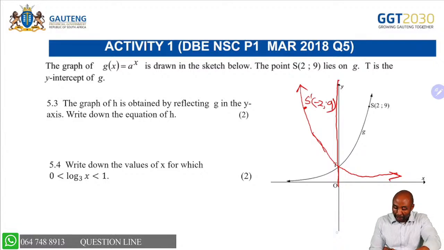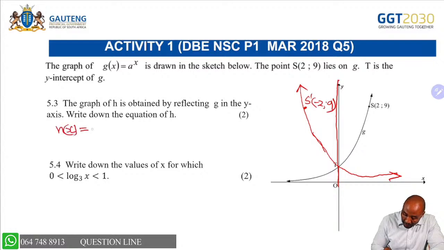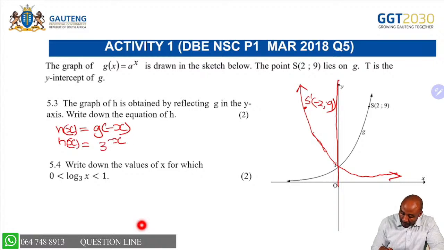So in other words, we are saying the equation of h of x is given by g of -x, and we know that g of -x becomes 3 to the power -x.